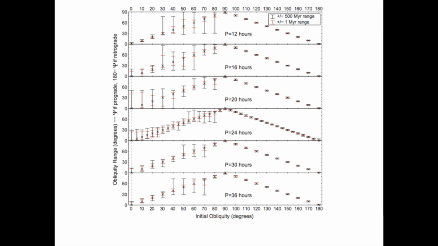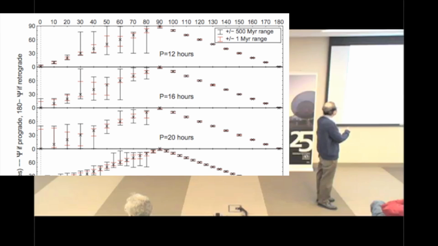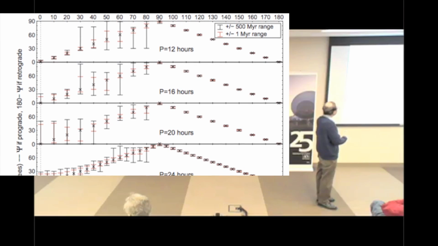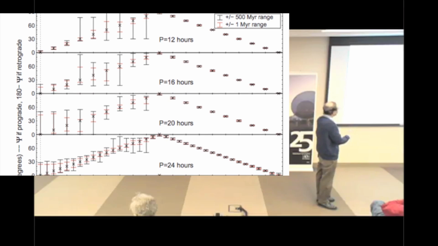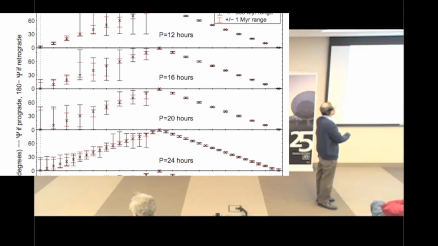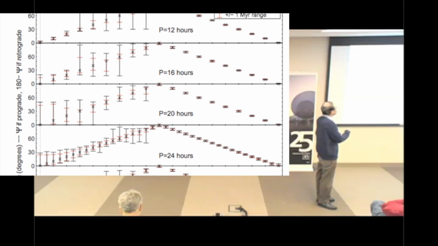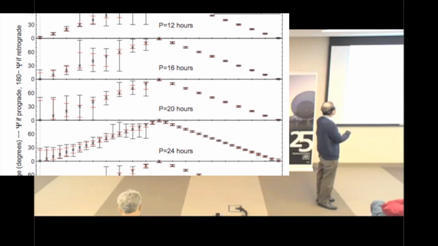So this is pretty much a summary of our results that I showed in the many previous slides. The variations as a function of period and of initial obliquity, in all cases from 12-hour periods to 36-hour periods, retrograde obliquities, all of them are very stable.